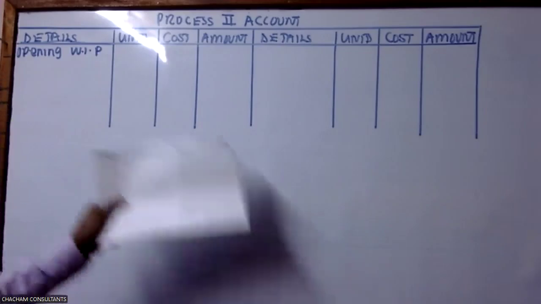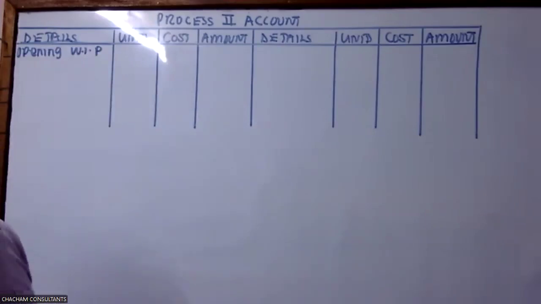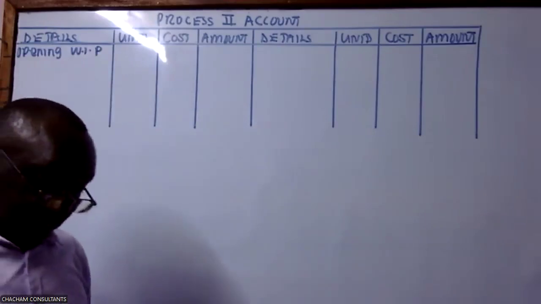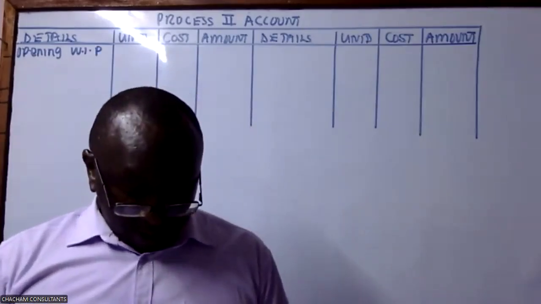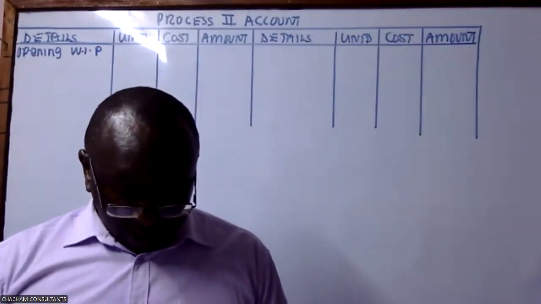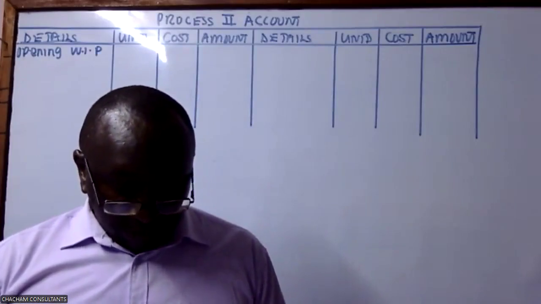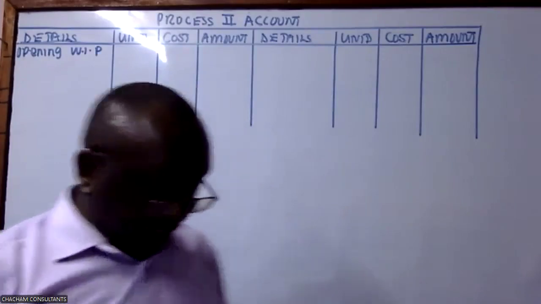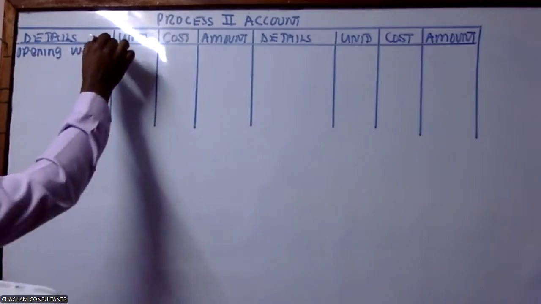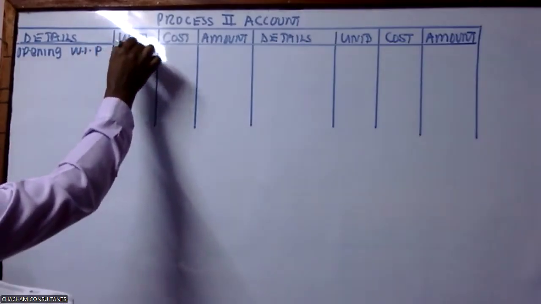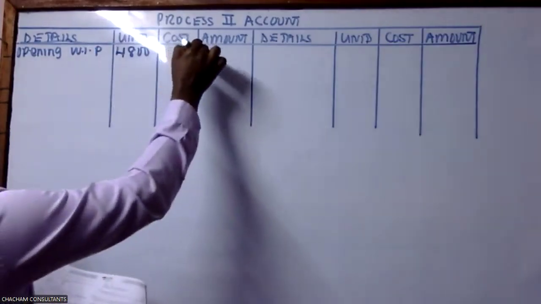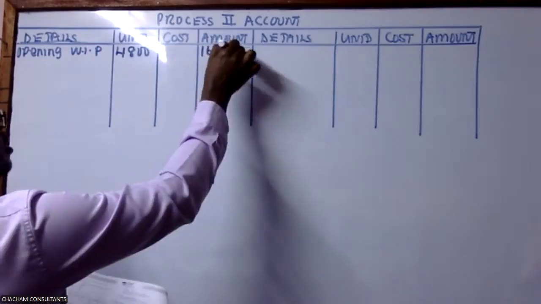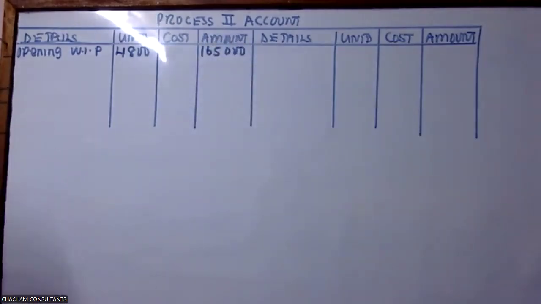So opening ndio inawekwa hapo na closing itakuja hapa. Then we are told the opening stock was 4,800 units valued at 165,000.